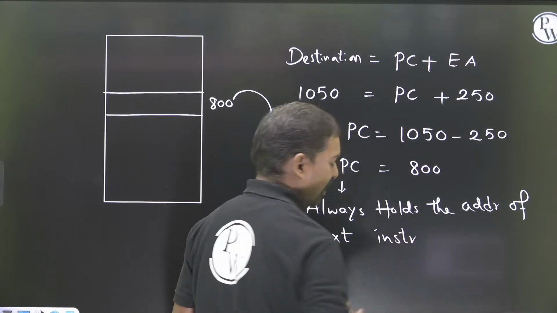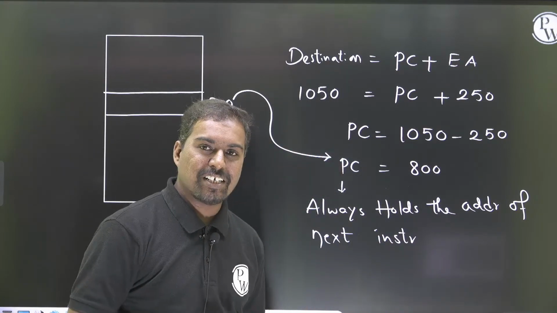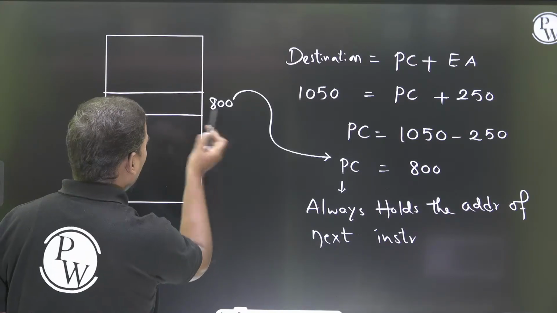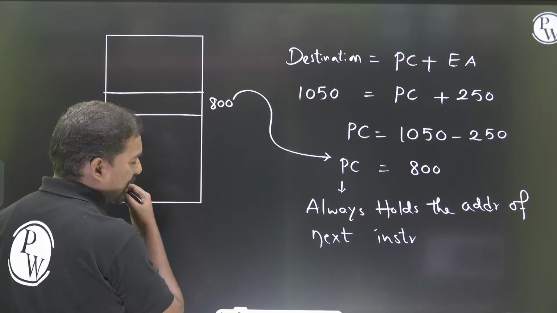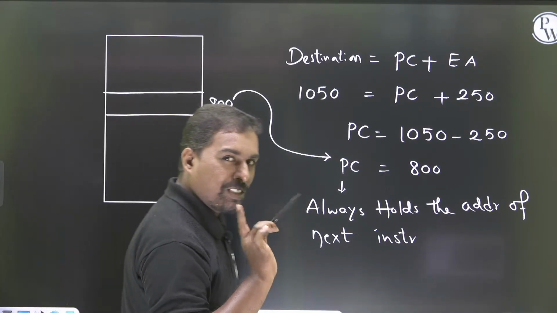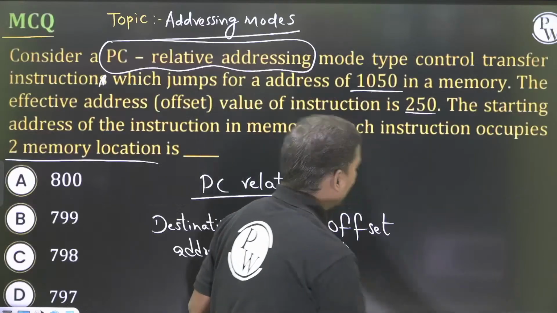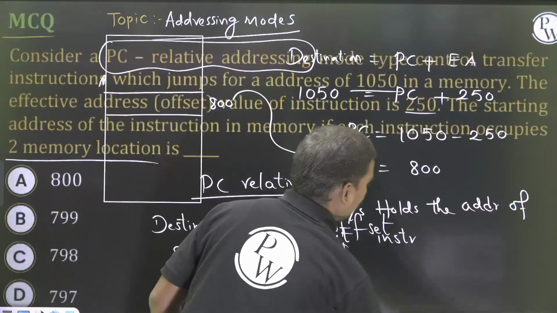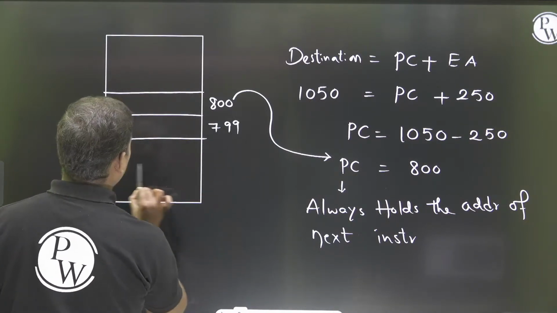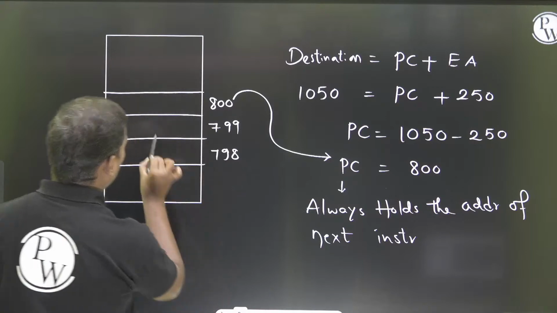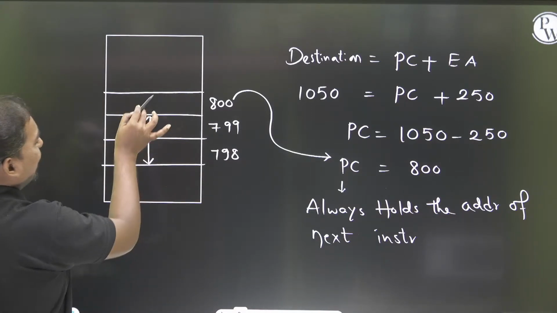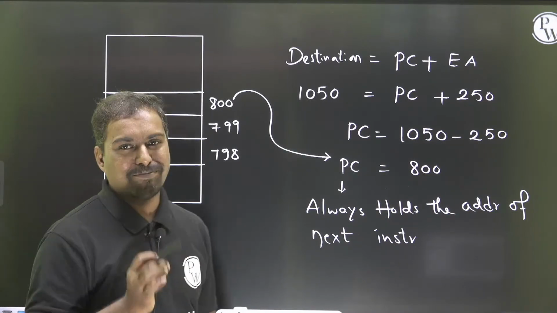That means the present instruction address is not 800, it will be the address before that. But what is the size of each instruction? The size of each instruction is given as two memory locations. So if you take this as 799 and this as 798, this is the present instruction, my dear. The next instruction is available at 800. That is the meaning.